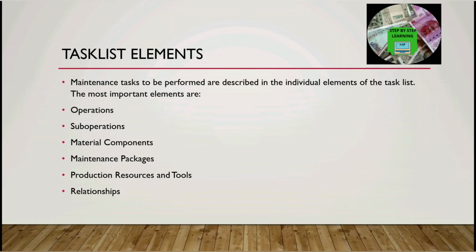For example, replacing the pump, or to perform the maintenance, before that you need to lift the object. So in that case you need a hydra or crane to lift the object. So this kind of mobile equipment is called a PRT.